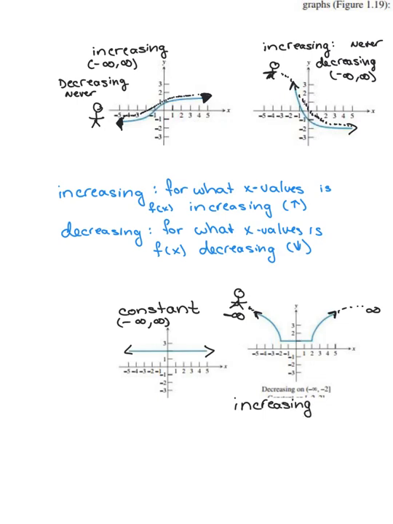If I was to walk, this is going downhill. This is constant. And now I'm starting to go uphill, starting at 2, right when I hit 2. Remember, the graph is hitting 2, so I'm going to put a bracket to show from 2 to infinity, I am increasing. I can never be infinity, so I'm going to have a parenthesis for infinity.